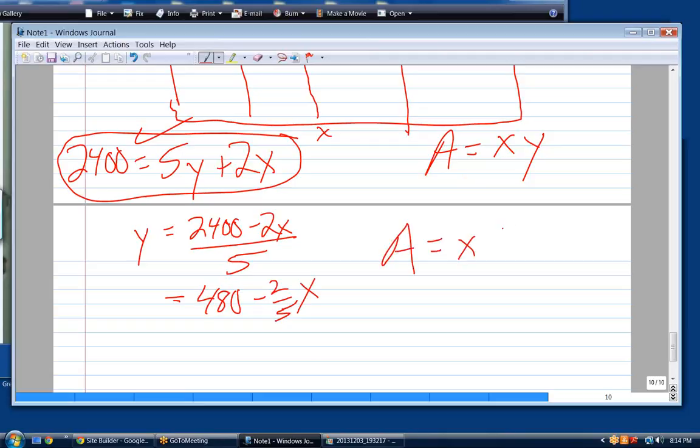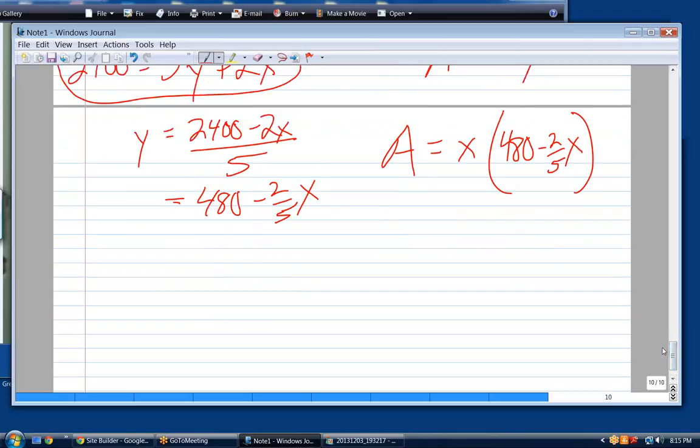And that's equal to X times, instead of Y, we're going to put in this over here. Notice we're going to have an X times an X. That's an X squared, so we're going to have a quadratic. Vertex is going to represent the maximum area.